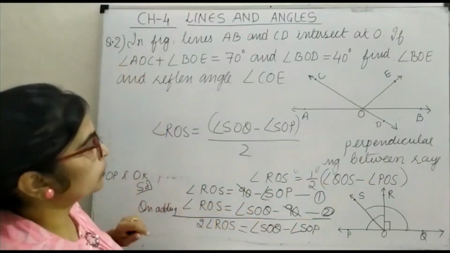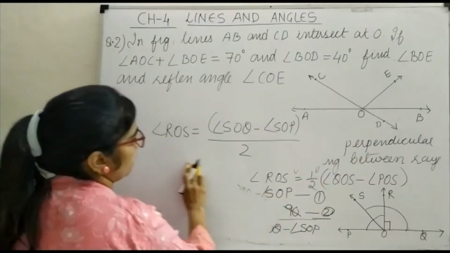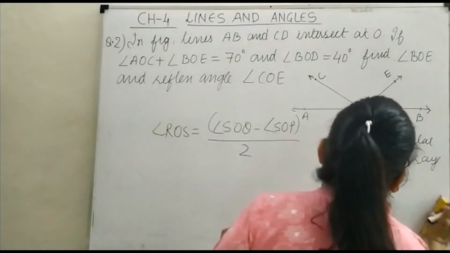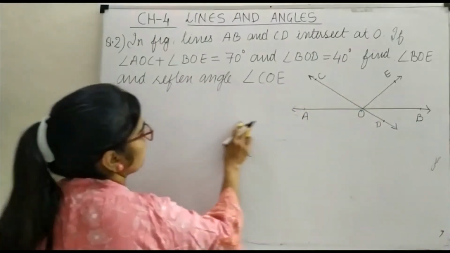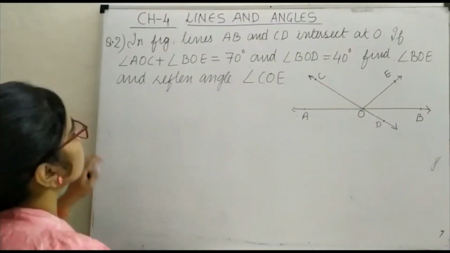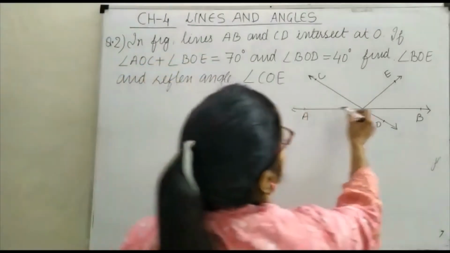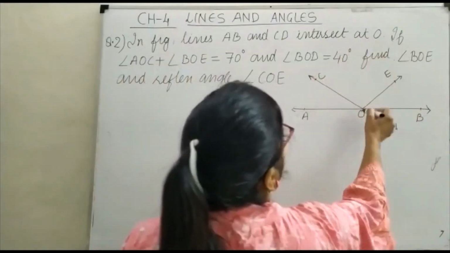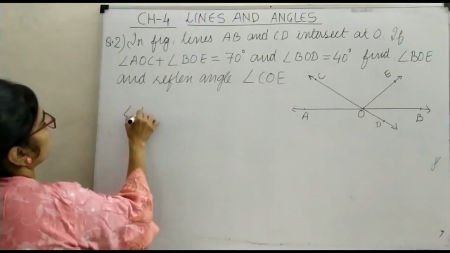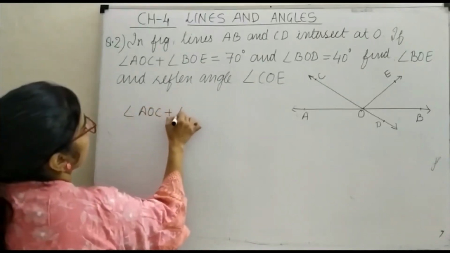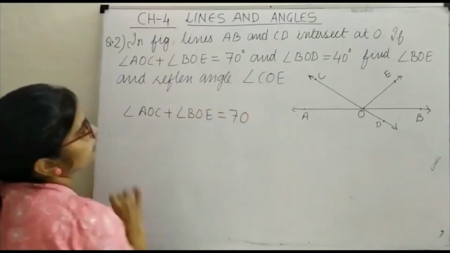Now let us move on to the question number 2. You can see that in question number 2 it is given in figure line AB. ये आपकी लाइन AB और ये आपकी CD intersect at point O. It's given that angle AOC plus angle BOE is equal to 70, right?